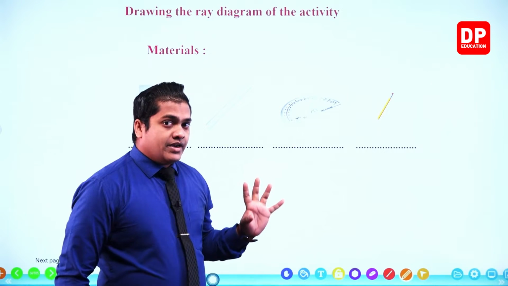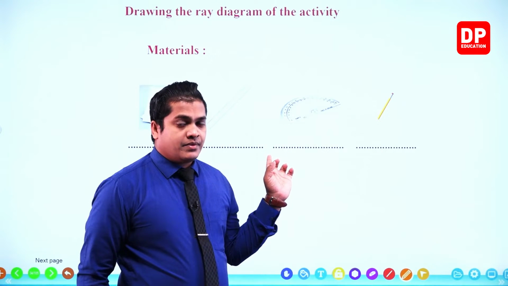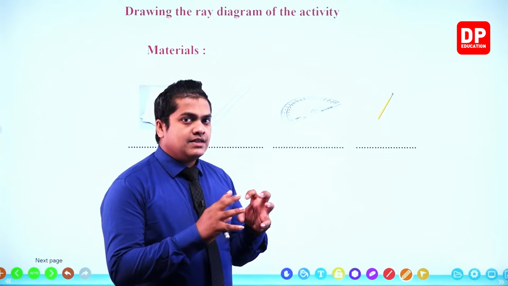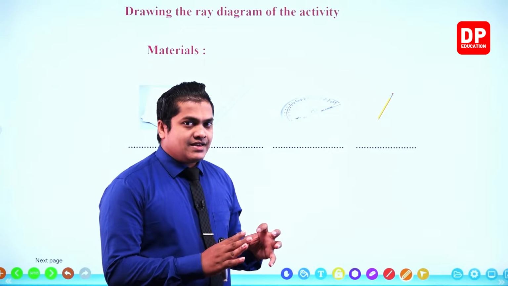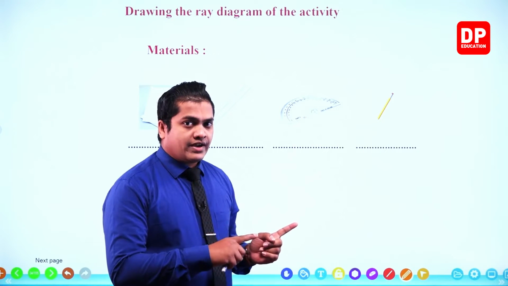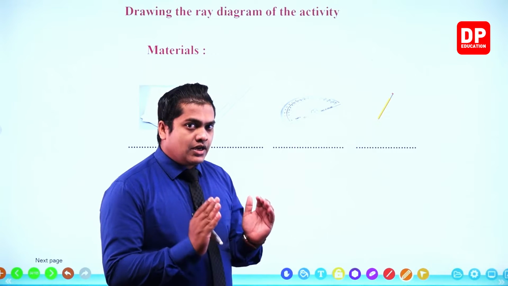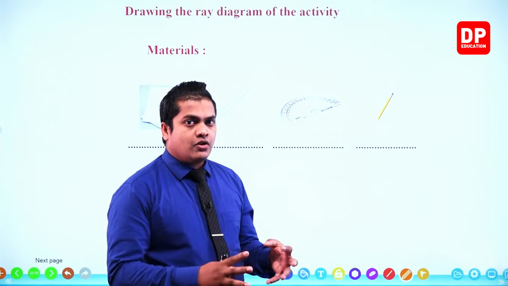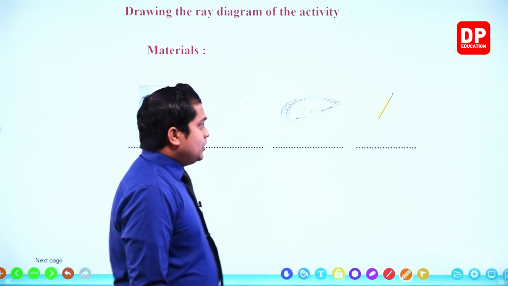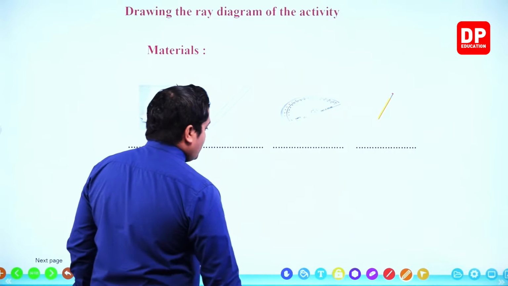So the pointy object, we took that in the previous activity. It's time to draw how the image is created within the plane mirror from those two activities. Now here we are discussing only how to draw the ray diagram related to that. To do this activity, my dear children, it's very simple actually.